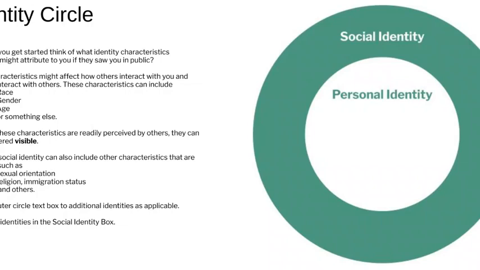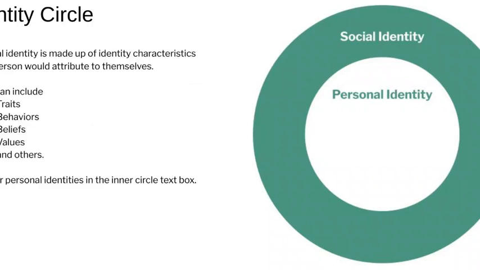Because these characteristics are perceived by others, they're considered visible. However, sometimes social identity can include things that you don't necessarily see. This could be sexual orientation, religion, immigration status, things of that nature. But these are all going to go into the outer ring, social identity.